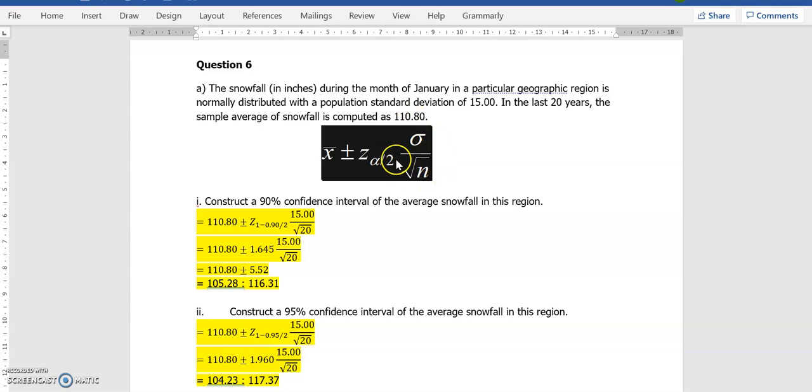Another component in our margin of error is the standard error.